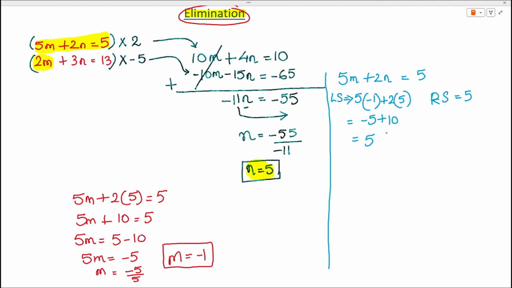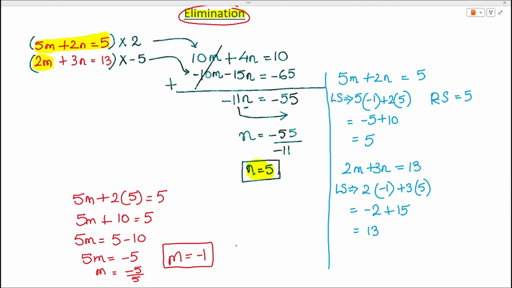Now we'll see if this satisfies equation number 2 also. Our second equation is 2m plus 3n is equal to 13. Now we'll put the values of m and n into this equation as well. So our left hand side is 2 times m, which is negative 1, plus 3 times n, which is 5. This is equal to negative 2 plus 15, and negative 2 plus 15 is equal to 13.